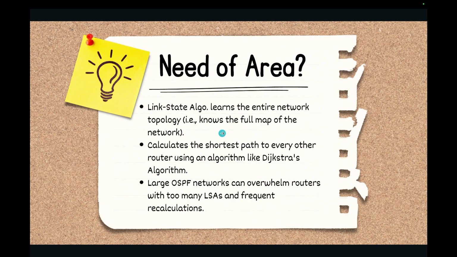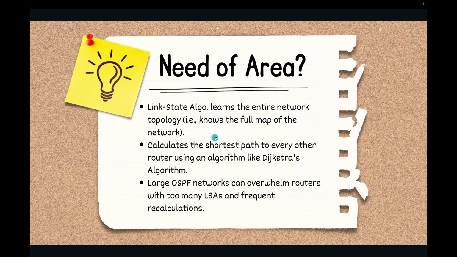Now assume that on the internet all the routers are using OSPF. Internet is so big, and if all the routers are running OSPF, they will store information regarding all the routes inside the router. It will be overwhelming for the routers.